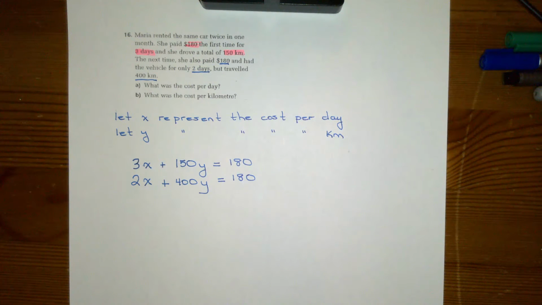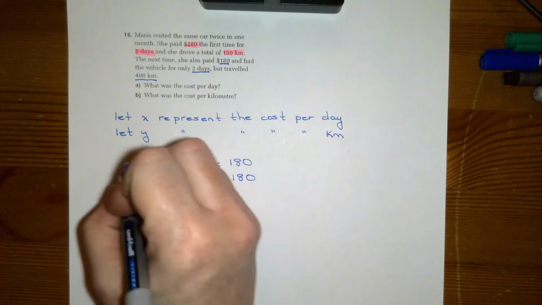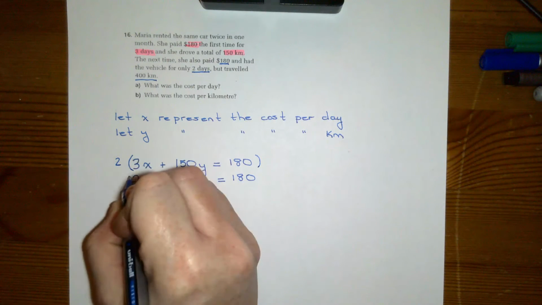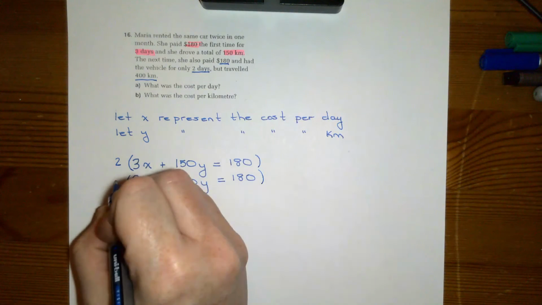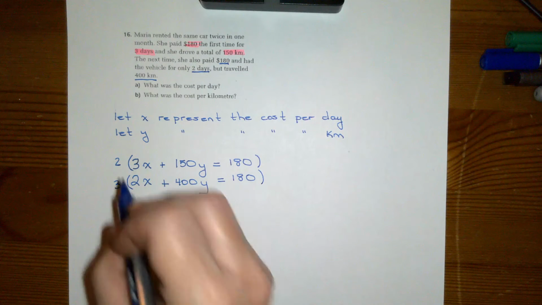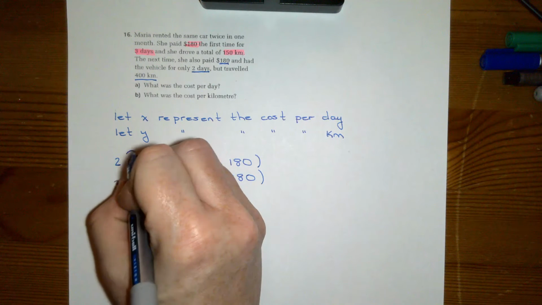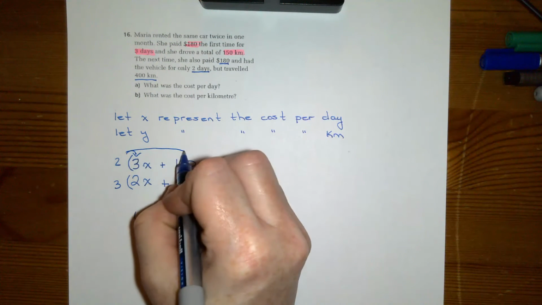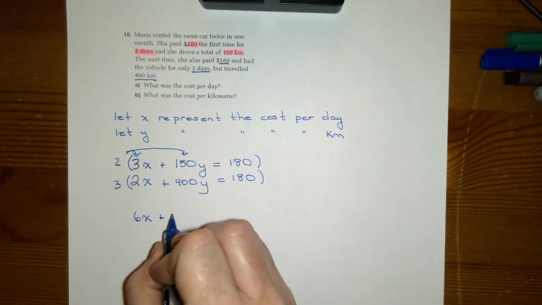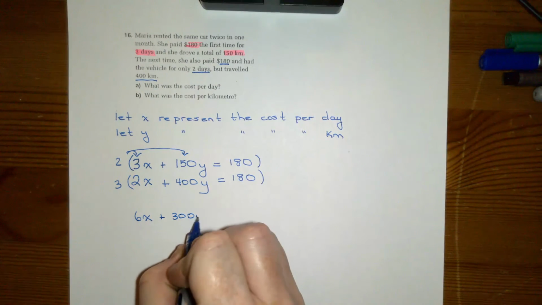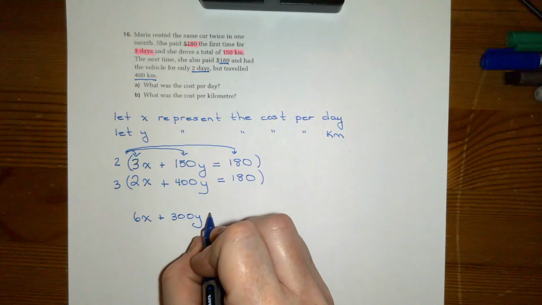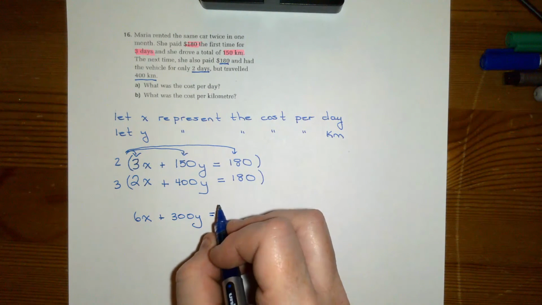I'll just go ahead and finish this up, but at this point you can finish it up yourselves. So we want to use elimination here, and we'll take this first equation and multiply it by 2, and we'll take this second equation and multiply it by 3. So 2 times 3x is 6x, 2 times 150 is 300y, and 2 times 180 is 360.